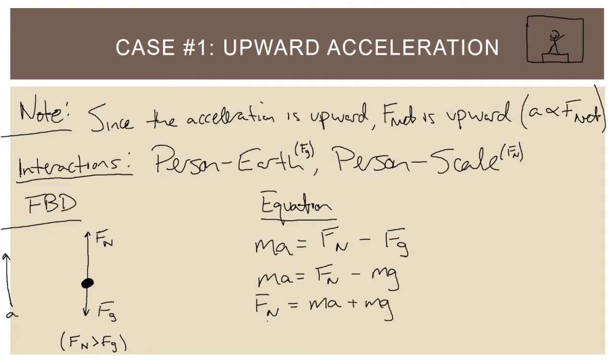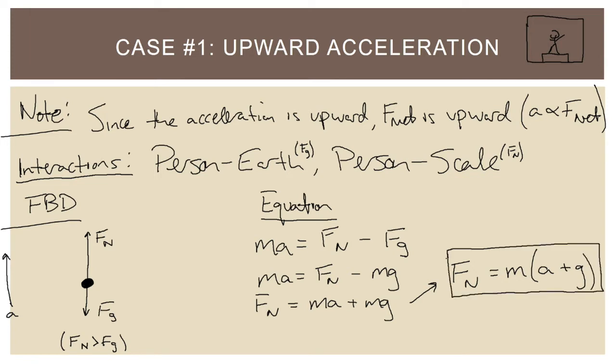I'm just going to write this over to the side because I've got room over there. Notice, because both of those terms have a mass, we can factor it out. And so what we get when we fully solve this for the normal force is that the normal force is equal to the mass times a plus g.